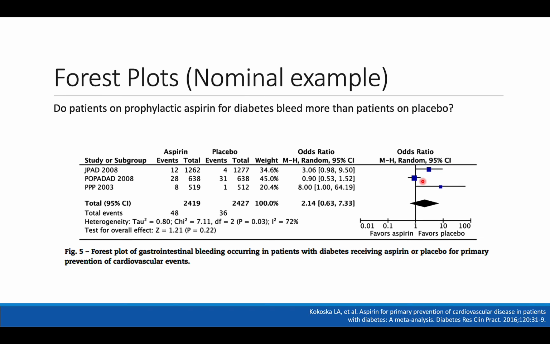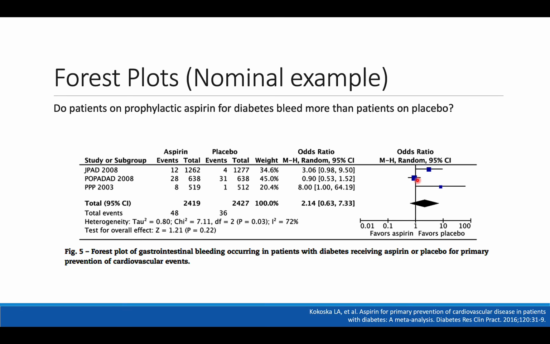The second study here, which is weighted higher, has an odds ratio of 0.9. But it still straddles 1, and you can see the confidence interval is much smaller, which means that the study either had a much larger population or much more certainty of the effect.